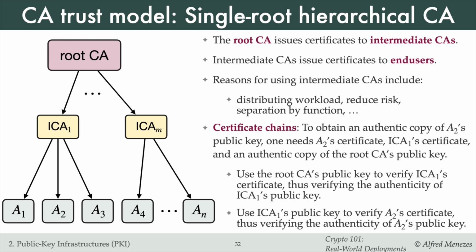Finally, one uses ICA1's public key to verify A2 certificate, thus verifying the authenticity of A2's public key. This is an example of a two-level certificate chain, but additional levels can be introduced for more complex trust hierarchies.